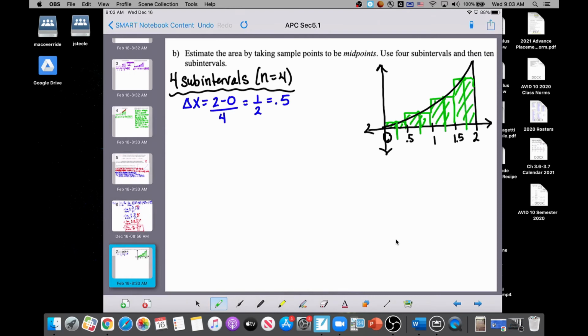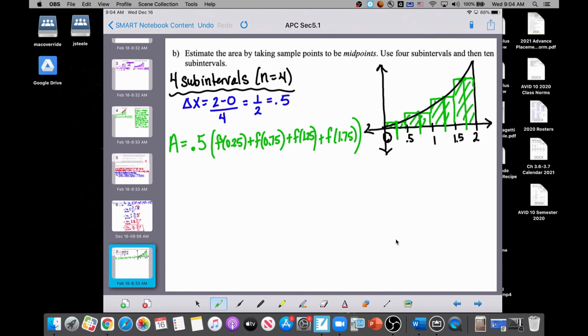So our area is going to be equal to the base of all of our rectangles, which is 0.5, times the 4 heights that are at those midpoint locations, which are going to be f of 0.25, f of 0.75, f of 1.25, and f of 1.75.